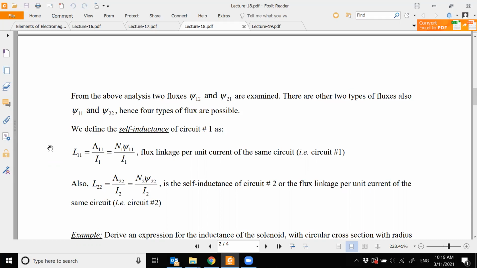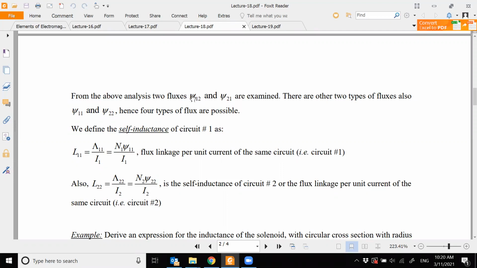Yes, Abdul Rauf Ibrahim, can you tell me, what does psi 11 represent? See, how we defined psi 12. Okay, Ibrahim, tell me what is psi 12? What happened?